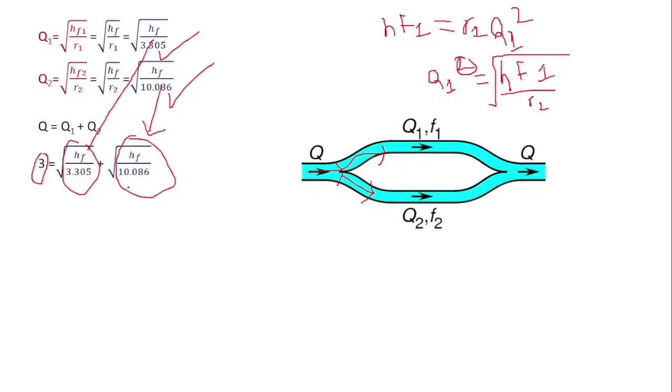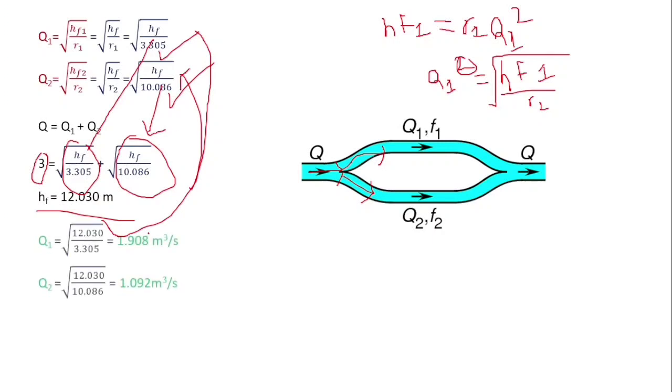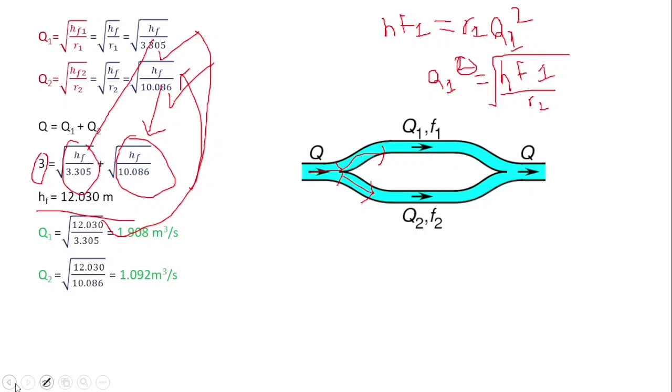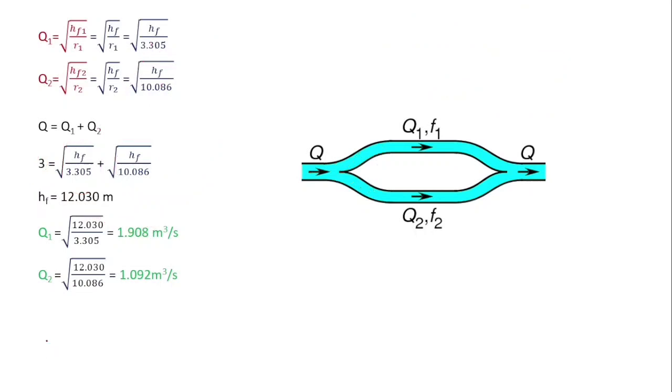So by calculating, we got HF equals 12.030 meter, and substituting this HF in above equation, we got the value of Q1 and Q2 as 1.908 and 1.092 meter cube per second. This is our answer.